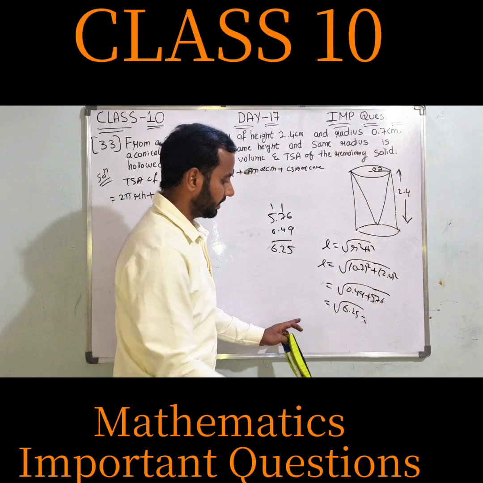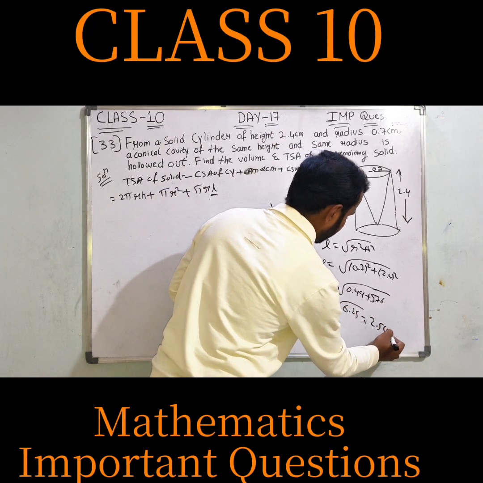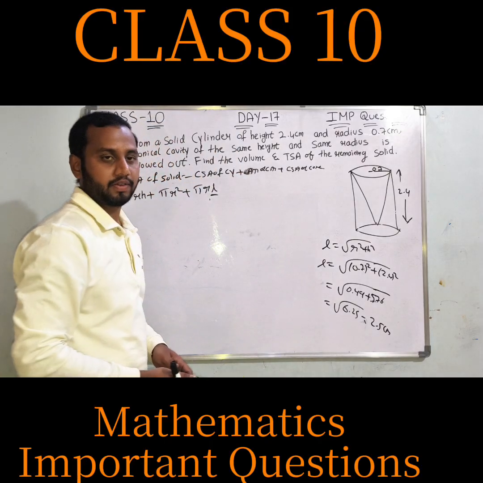Under root 6.25 is 2.5 centimeter. Now I got the l value as 2.5 centimeter.